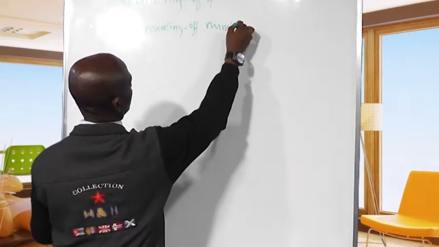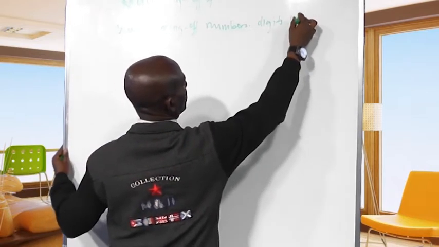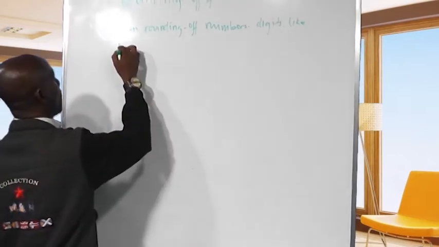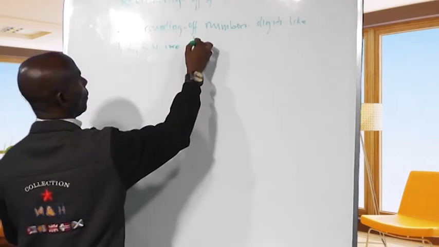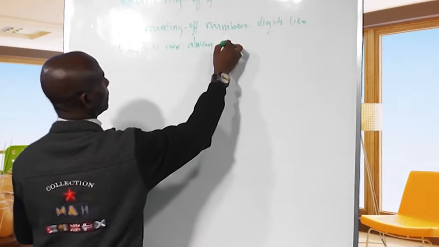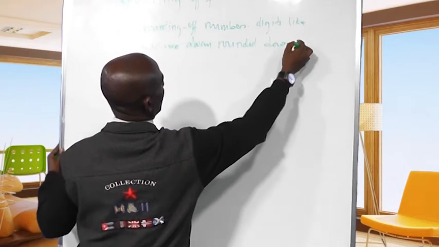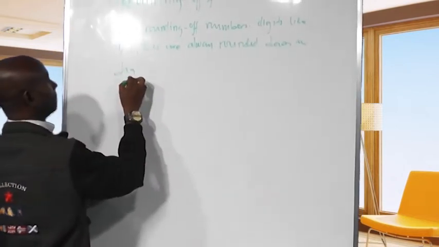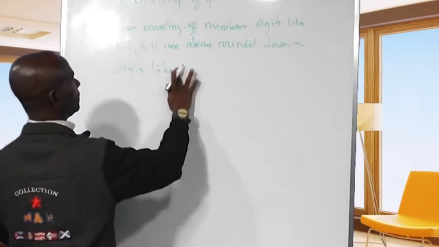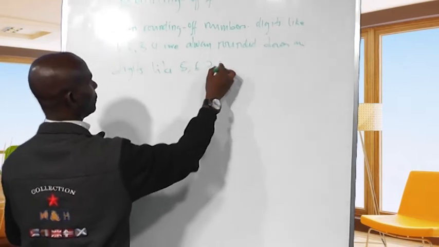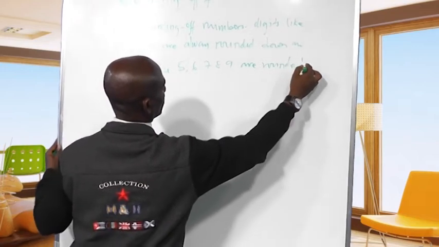Digits like 1, 2, 3, 4 are always rounded down, and digits like 5, 6, 7, 8, 9 are rounded up.